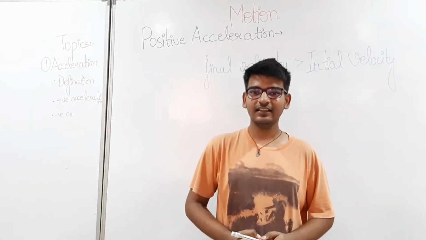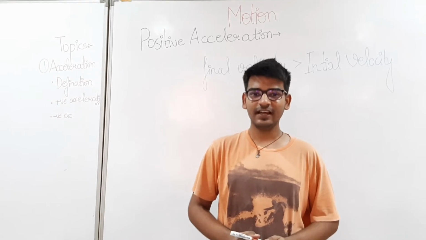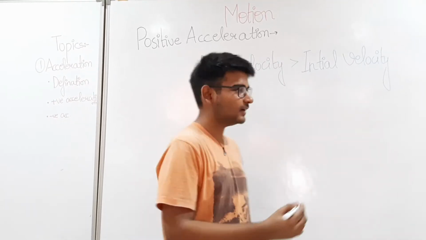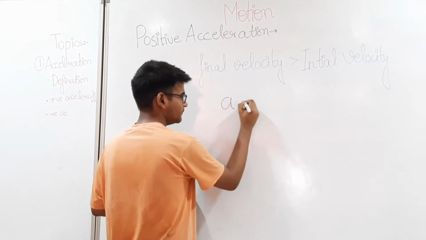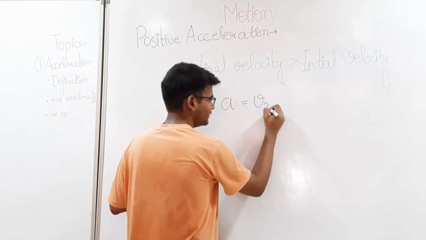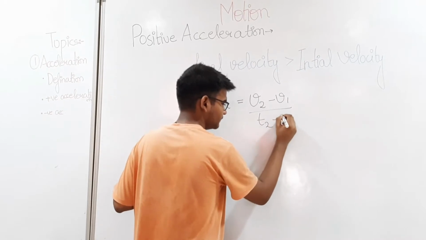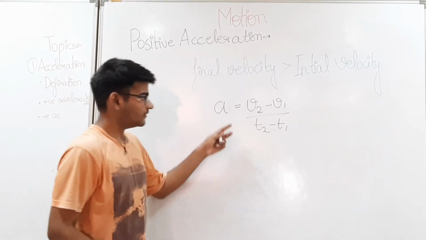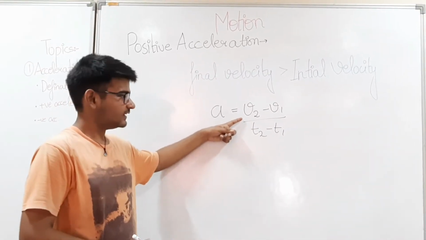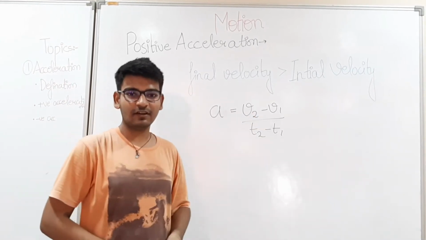So let us start the next topic, that is positive acceleration. As we know, acceleration is equal to v2 minus v1 upon t2 minus t1. Here v2 is the final velocity and v1 is the initial velocity.